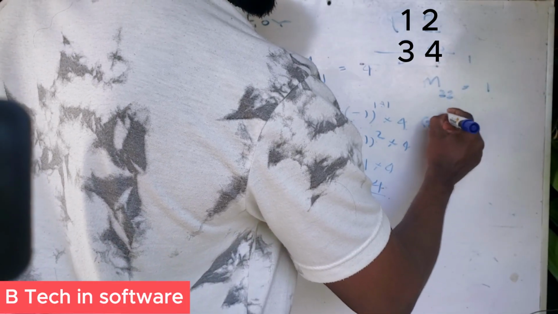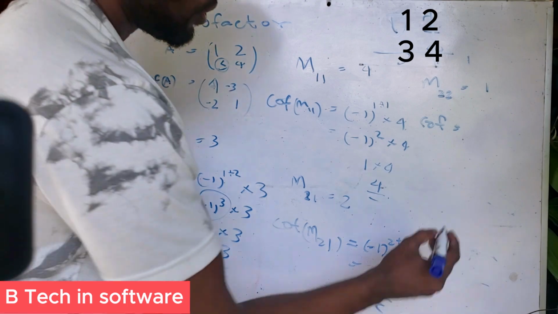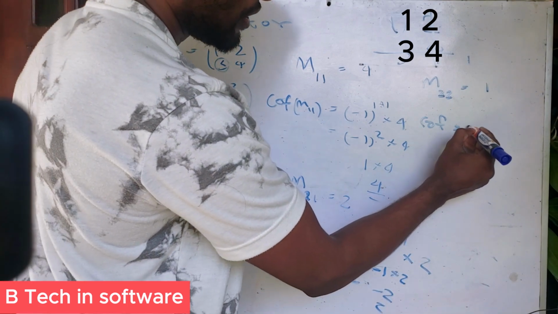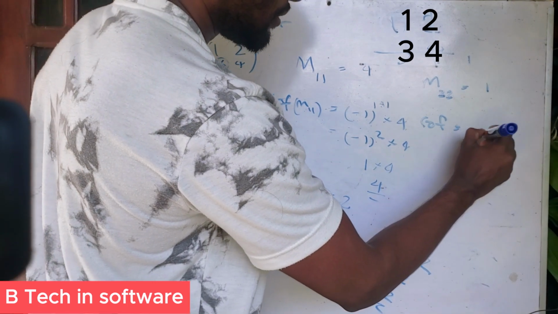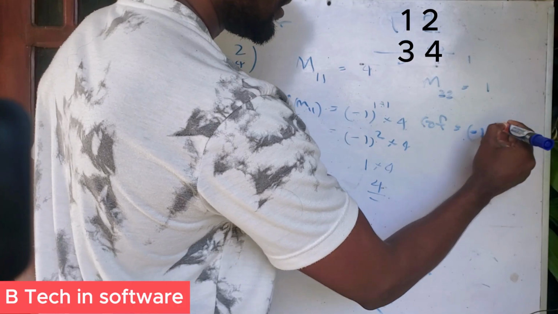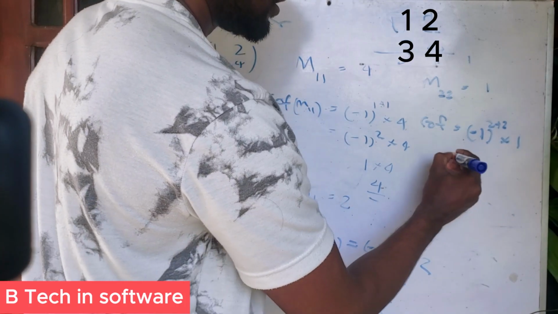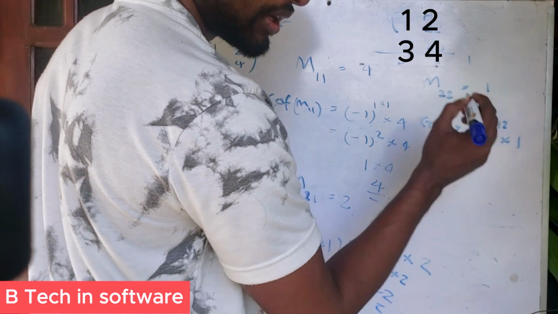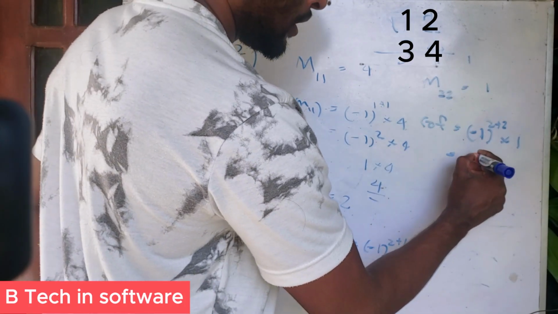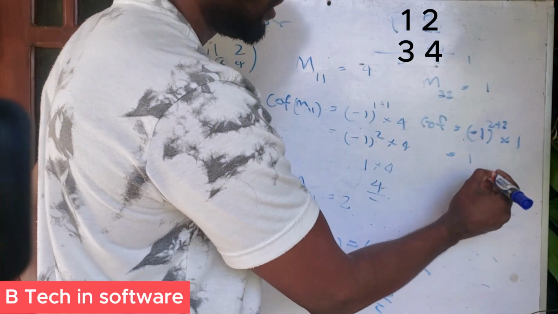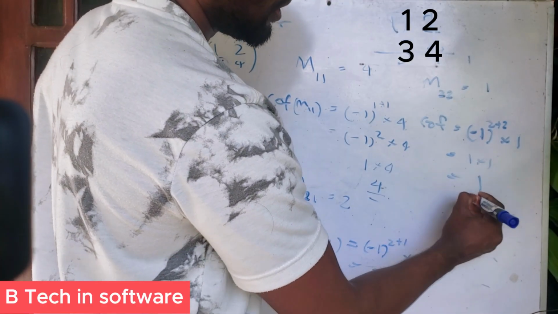And the cofactor: minus 1 to the power of 2 plus 2 times 1. 2 plus 2 is 4. It is an even number. If it is an even number, we will get a positive value. And then times 1. The output is 1.